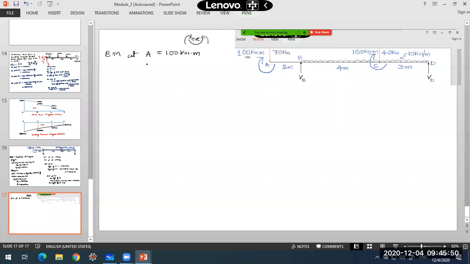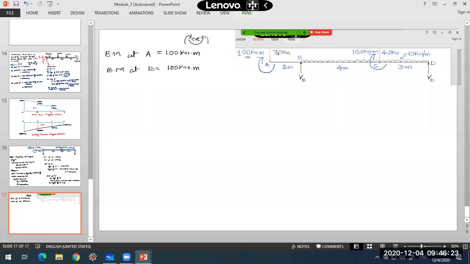Now go to point B, bending moment at B. We'll take moments due to all the forces to the left side of this section. I already have this couple of 100 kilonewton meter, and due to the concentrated load of 70 kilonewton, what will be the moment?